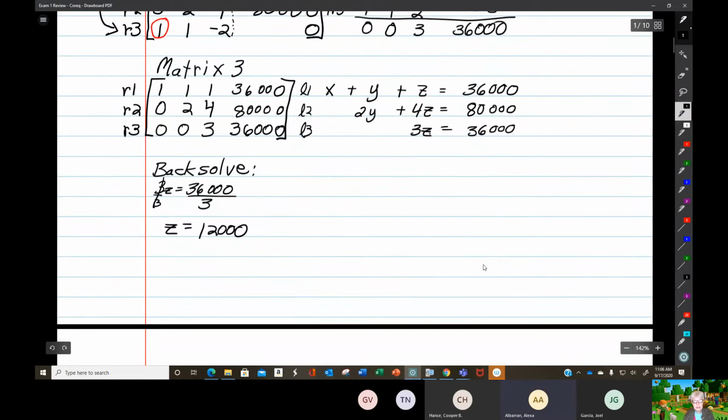It's good thinking. All right, now, so we worked on line 3. Now we're going to go to line 2 and substitute.